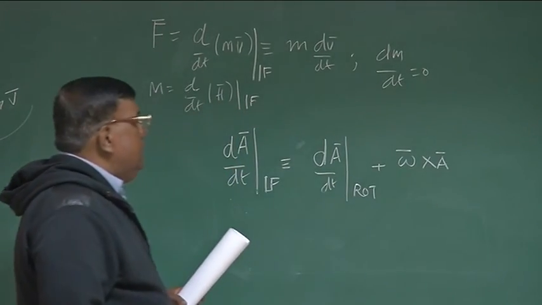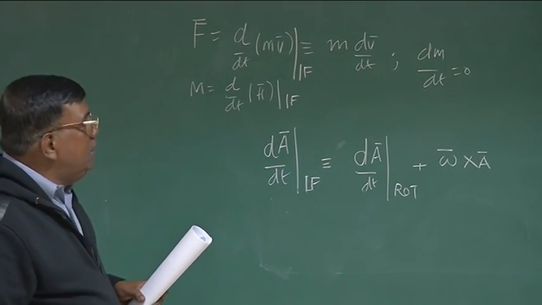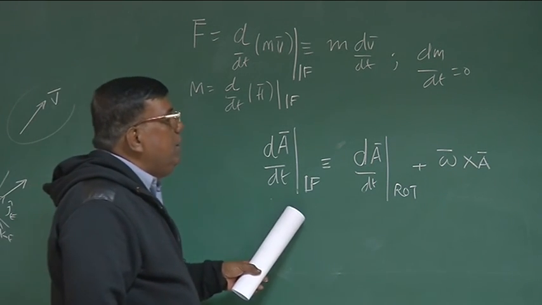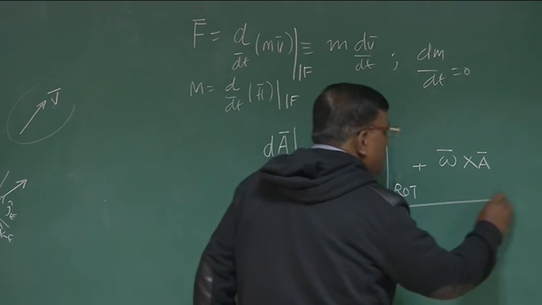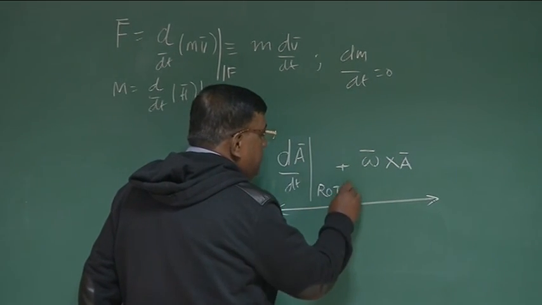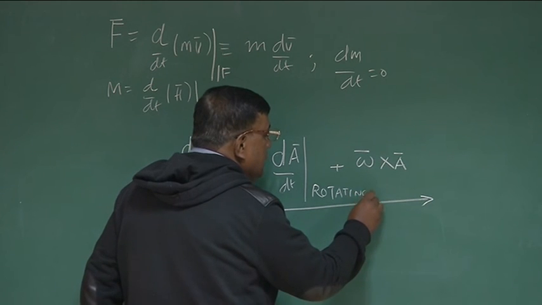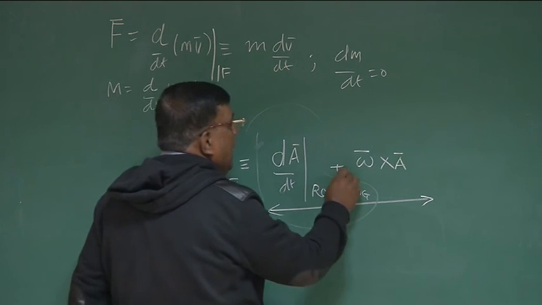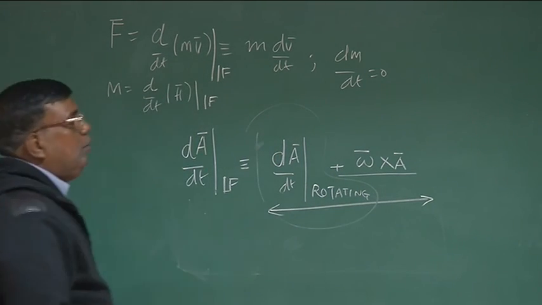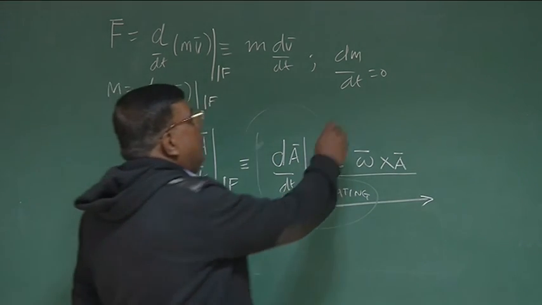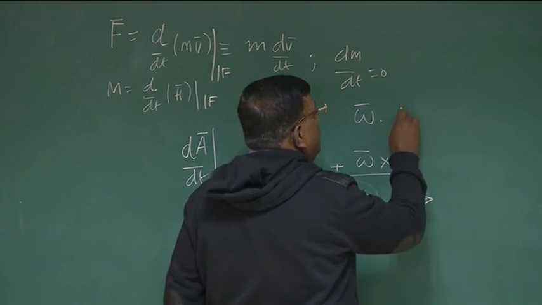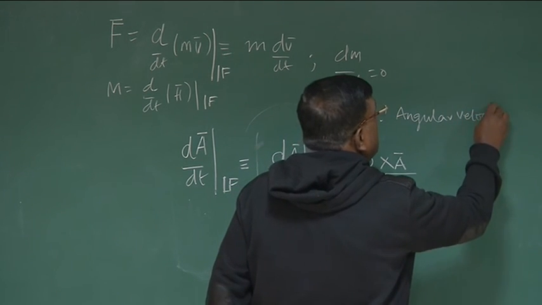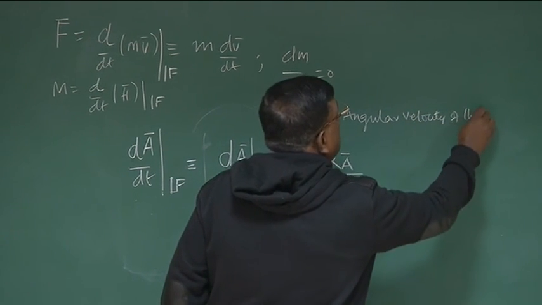What is the message here? dA by dt in the inertial frame is equivalently obtained by operating in a rotating frame if I get dA by dt in the rotating frame and add omega cross A. Omega is the angular velocity of the frame.